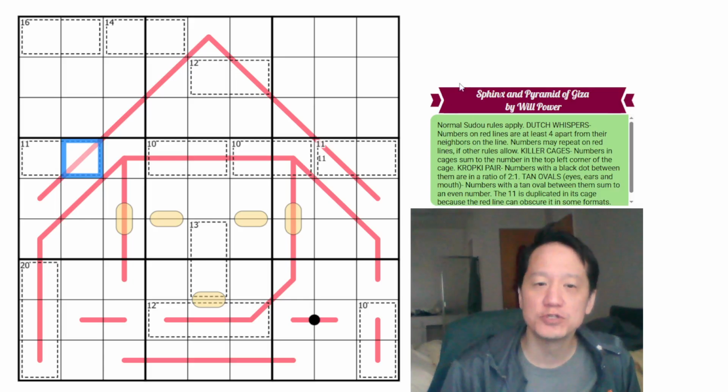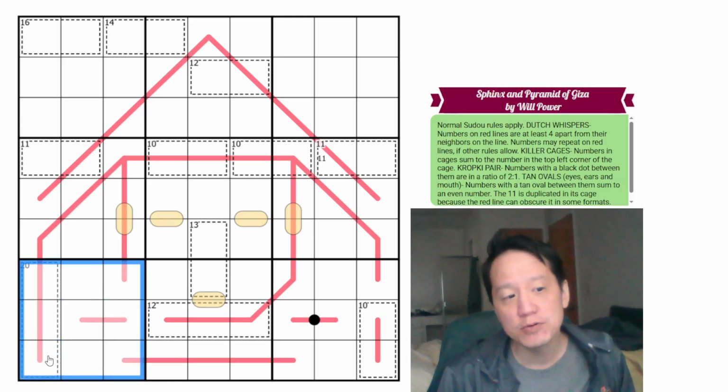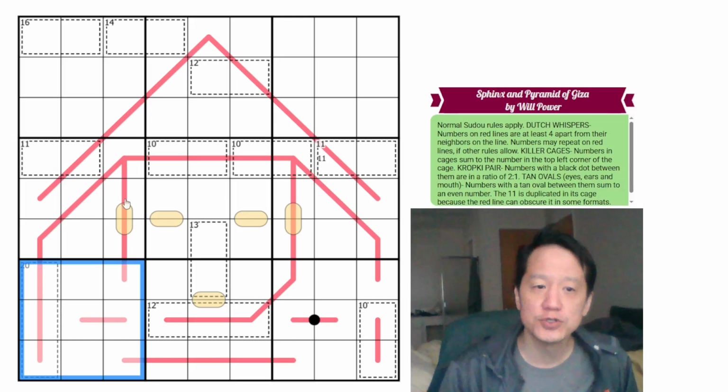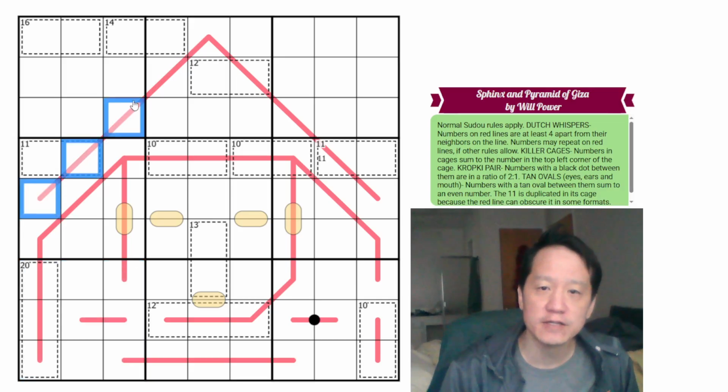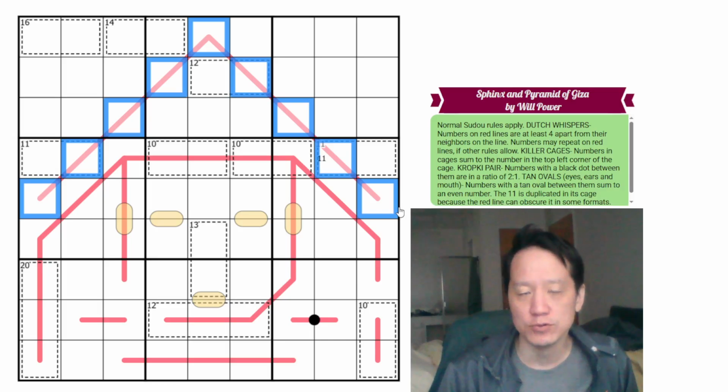Normal Sudoku rules apply, which means fill every row, column, and box with the digits 1 through 9 without repeats. Then we have Dutch whispers, where numbers on the red lines are at least 4 apart from their neighbors on the line. Numbers may repeat on red lines if other rules allow.